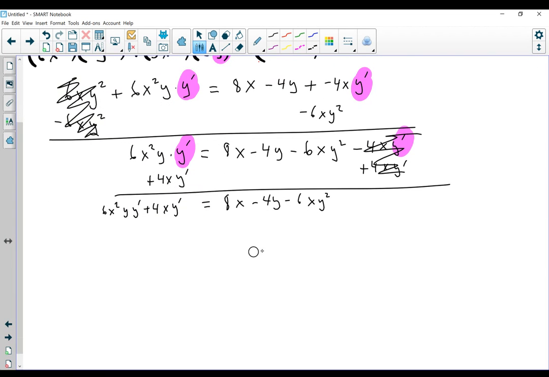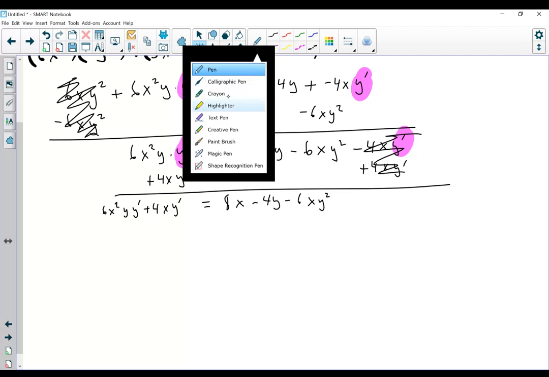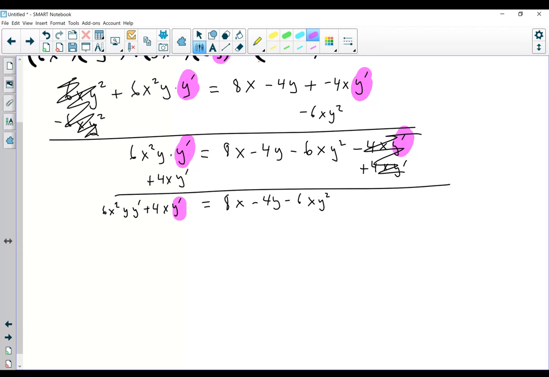You'll notice that both of these have a y prime, so those are going to get factored out front. The y prime goes there, and now we're factoring that out. We're left with 6x squared y plus 4x equals all this mess.